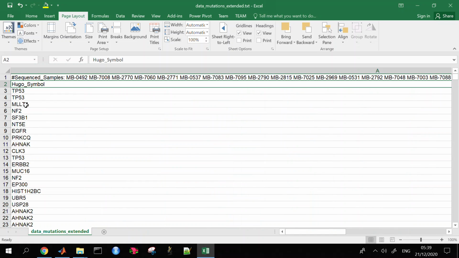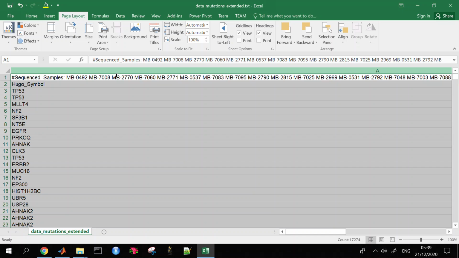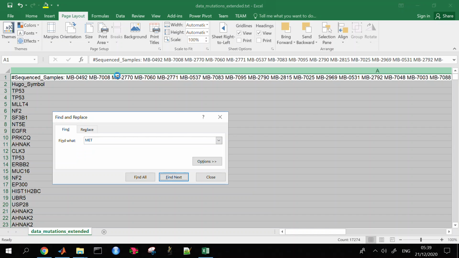Okay, and now here's the thing. The mutation table is quite small, at least in comparison to the other tables. So you might not find your desired gene, and you might not get results. For example, let's look for MET, and we don't have MET here.